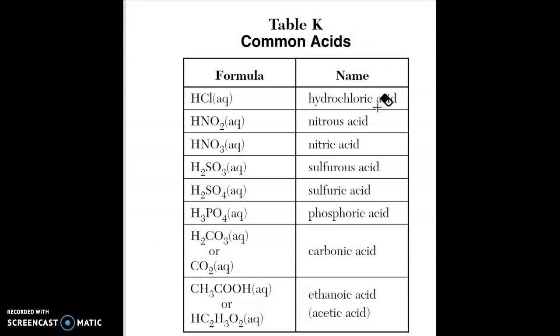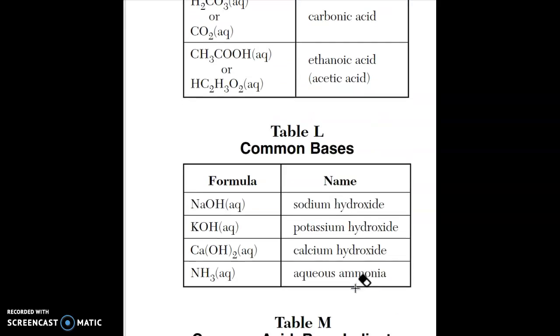Before we jump right into talking about pH though, I just wanted to point out for you that on your reference table, table K, there's a list of common acids. So if you see an acid and you're not sure what the technical name for it is, your reference table has the names of acids listed.